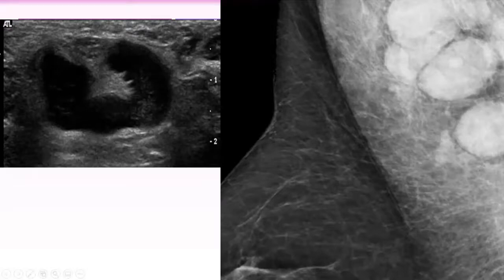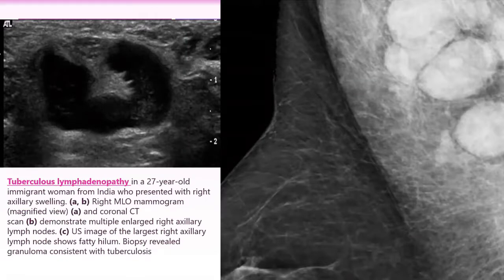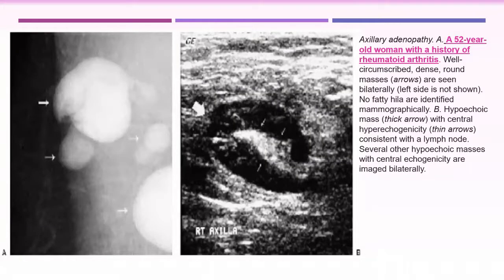For pathology confirmation, the patient had tuberculous lymphadenopathy, simulating metastatic lymphadenopathy.